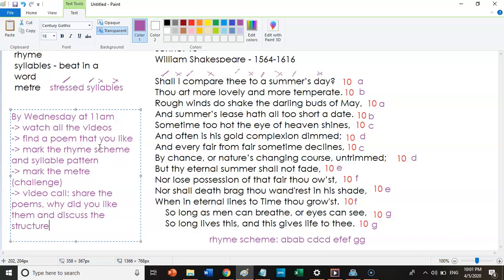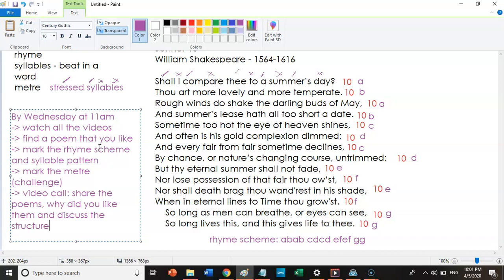For some of you it might be really easy. So if it's really easy, I want you to try to mark the meter as well. And then you need to have a video call and record it in your groups, where you share the poems, tell each other why you like them, why you chose them, and also discuss the structure, discuss what you found, check each other's work, see if you agree with everything. And that's what I want you guys to do.